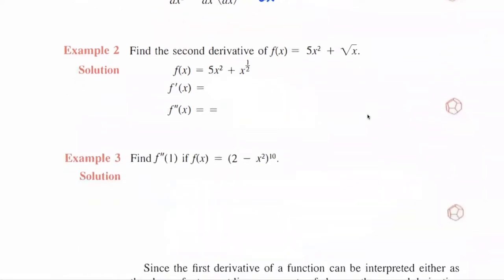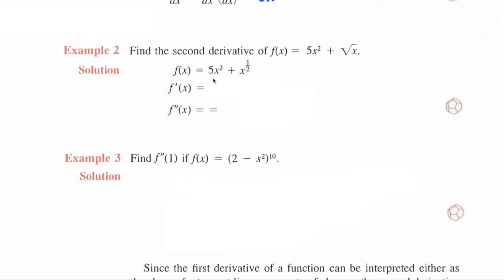All right, taking a look at example 2, we can find the second derivative of f of x if f of x equals 5x squared plus the square root of x. We don't like the square root of x written this way, so we're going to rewrite it with a rational exponent. We know that the square root of x is equivalent to x to the 1/2. And now we can use the power rule here along with the constant rule.